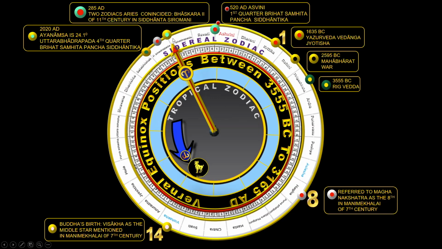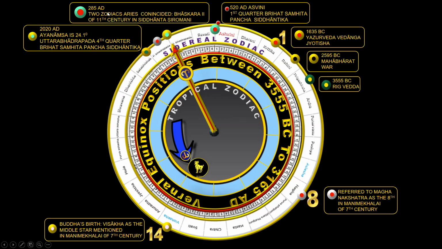Presently, the vernal equinox is exactly in Uttara Bhadrapada. From this side it is the first pada, but from the retrograde it is the 4th pada of Uttara Bhadrapada. So the 4 padas of Revati are over, and it is in the 4th pada of Uttara Bhadrapada Nakshatra.